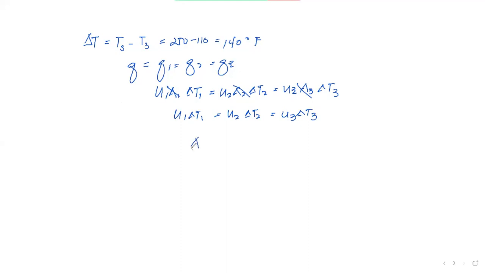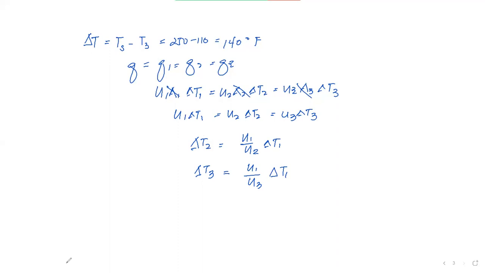Now in here we can get that delta T2 is equal to U1 over U2 delta T1. The same way we can say that delta T3 is equal to U1 over U3 delta T1. If you notice, our delta T2 and delta T3 are all expressed in terms of delta T1. You'll see later why. They are simply multiplied by constants, which are your overall heat transfer coefficients.